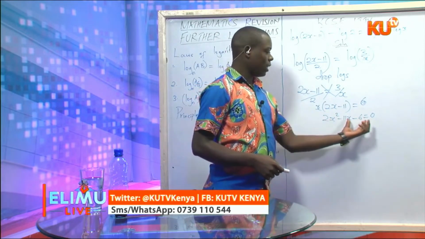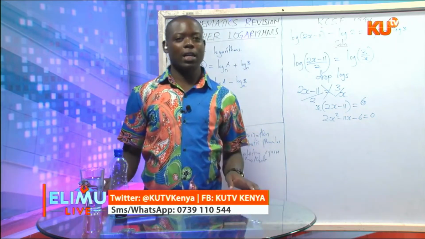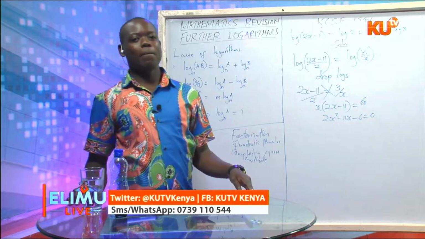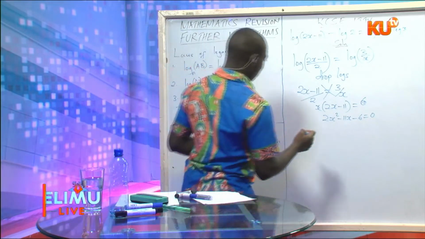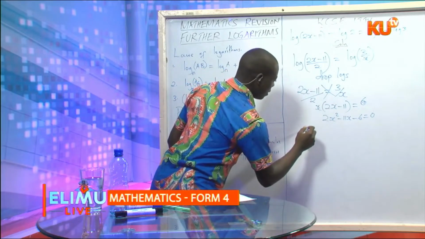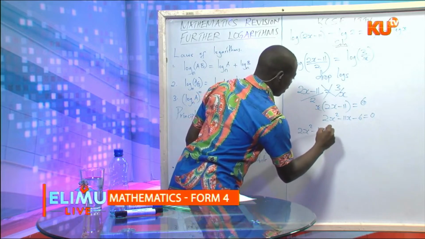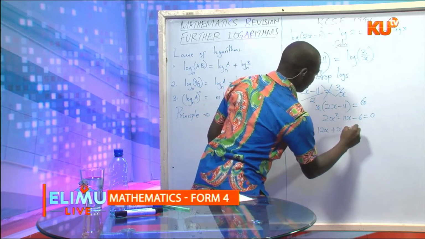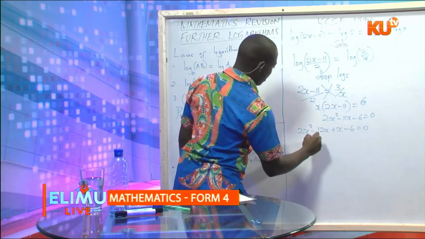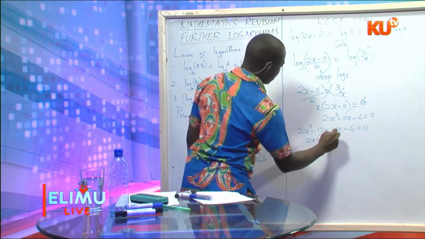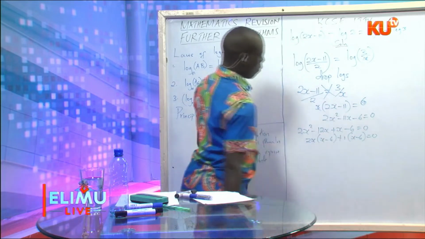The product of a and c is negative 12. So we need two numbers whose product is negative 12 and the sum is negative 11. That should be negative 12 and 1. So we'll have 2x squared minus 12x plus x minus 6 is equal to 0. 2x is common, so we have 2x into (x less 6), and we add 1 into (x less 6), then equate to 0.